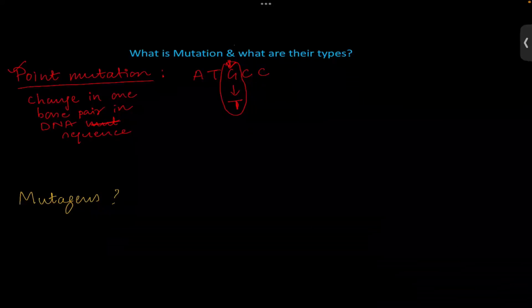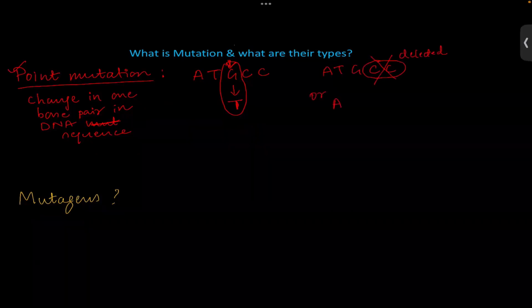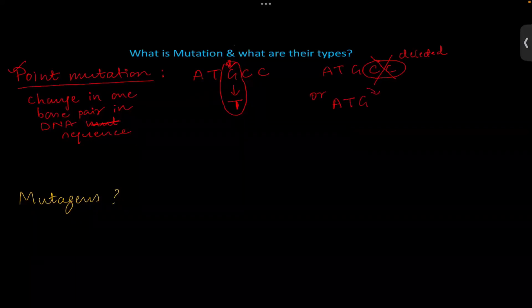Now, sometimes within a DNA sequence, let's take the same example, few bases, say these two bases, can get deleted. Or sometimes few base pairs can get added, say T, C get added here in between.